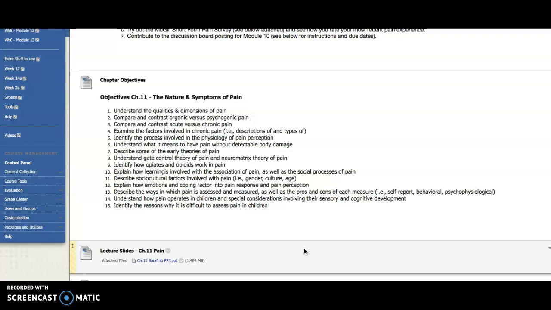So here's where pain can be made more intricate based on how we think and feel. And a lot of times things can trigger pain.